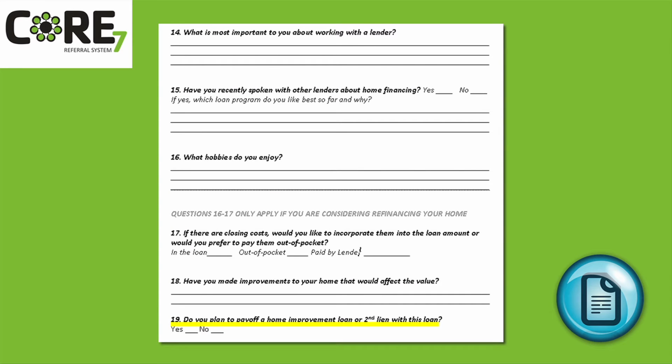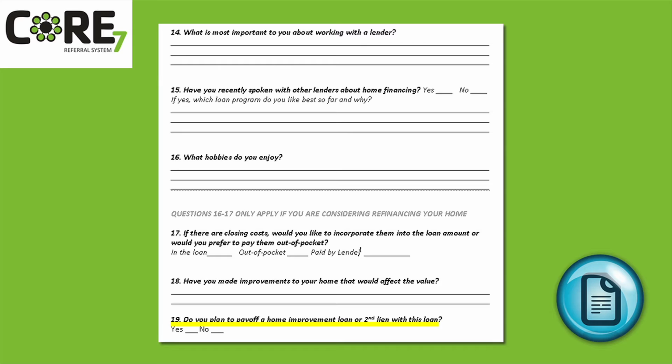Question number 19. Do you plan to pay off a home improvement loan or a second lien with this loan? This is something you need to know in order to price the loan as a rate and term refinance or a cash out refinance. As you know, cash out refinances can sometimes carry a higher interest rate.